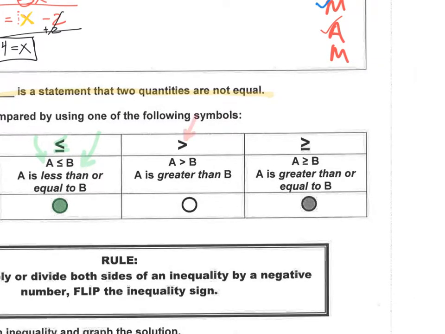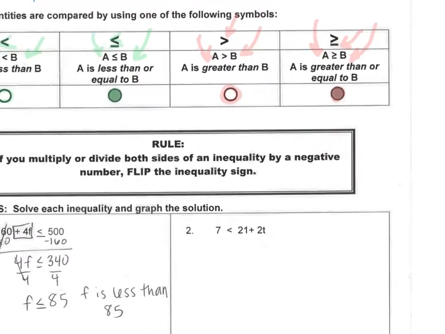Now, this is greater than. So greater than means that anything on the left, or A, is greater than B, anything on the right, and we use an open circle. Notice they can't be equal. But in this case, because it has a line underneath it, they can be equal. So A is greater than B, but it can also be equal to. So we have a few more options if it has a line underneath it.